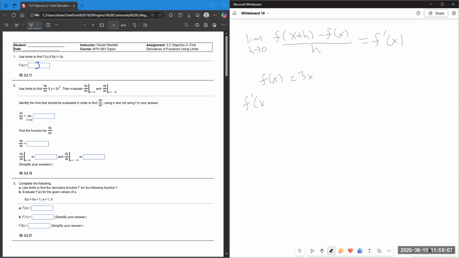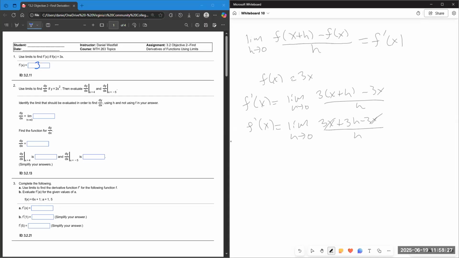f prime of x is the limit as h goes to 0 of 3 times x plus h minus 3x over h. f prime of x is equal to the limit as h goes to 0 of 3x plus 3h minus 3x over h. 3x minus 3x will go to 0.